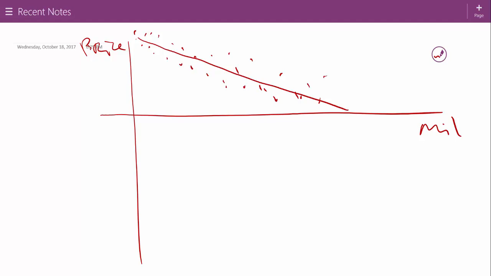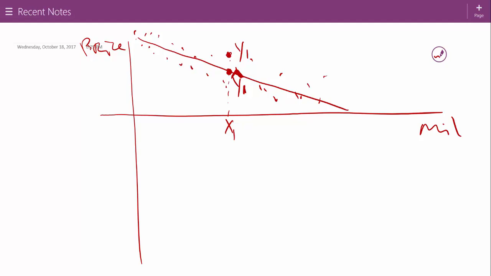And then I can see that the majority of my points are not on my straight line, not on my prediction equation, right? They're off. So this point, for example, corresponds to mileage, whatever it is, x1, okay? This is what I would predict using my straight line equation, and this is what the actuality is. So I'm going to call it my real price and the predicted, y1 with a hat, okay?